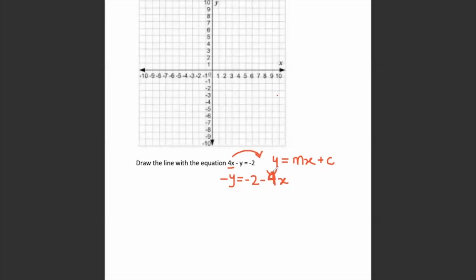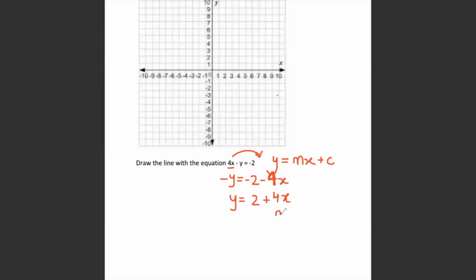It is still not in the form of y equals something. So now let's change the minus y to plus y. So if we change minus y to plus y, the right-hand side should also change to the opposite signs. So minus 2 should become a plus 2. Minus 4x should become a plus 4x. So now our equation is of the form y equals mx plus c.